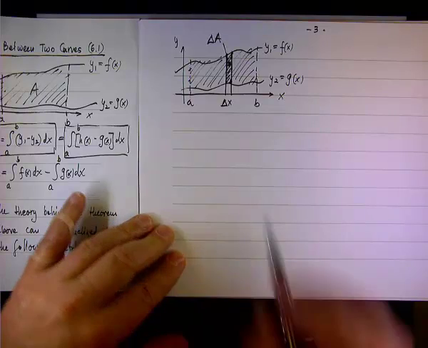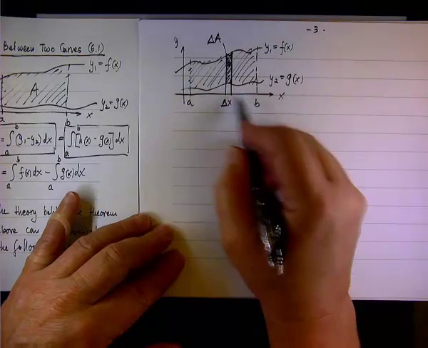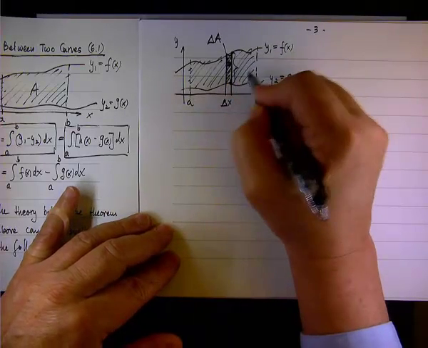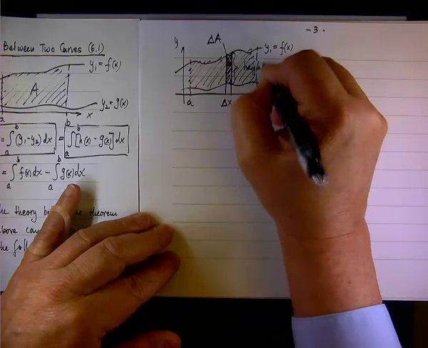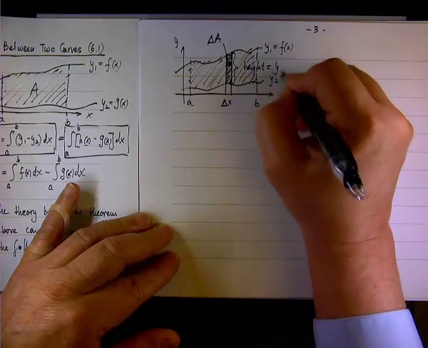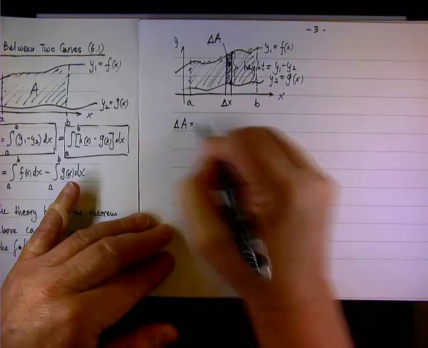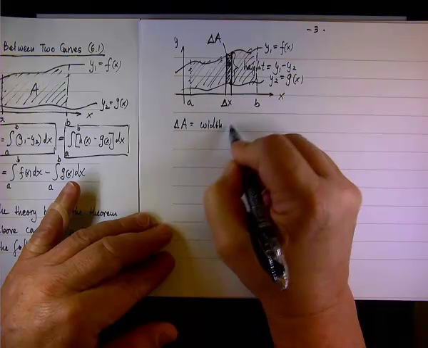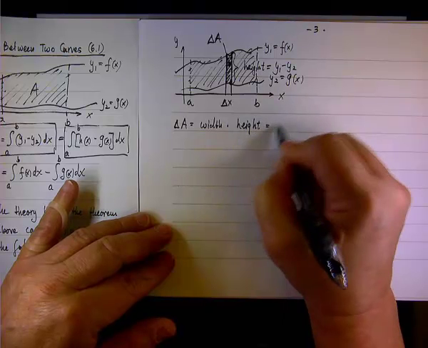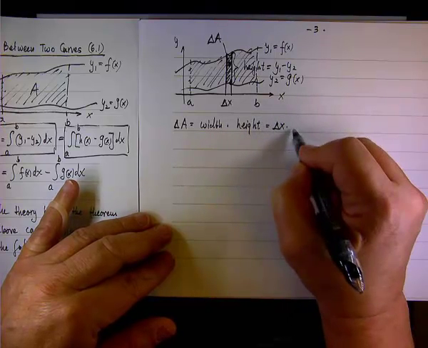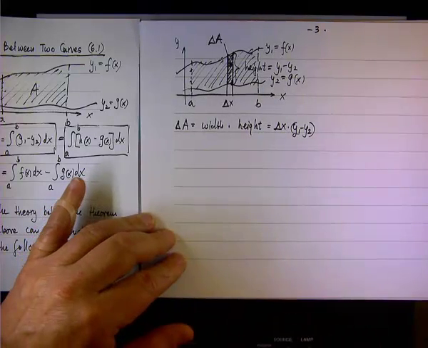Okay? So what is the area? Well, we can approximate this slice as a rectangle, and the height of this slice will be y1 minus y2. So delta A will be the width multiplied by the height, or the width is delta x multiplied by y1 minus y2, like so. Okay?